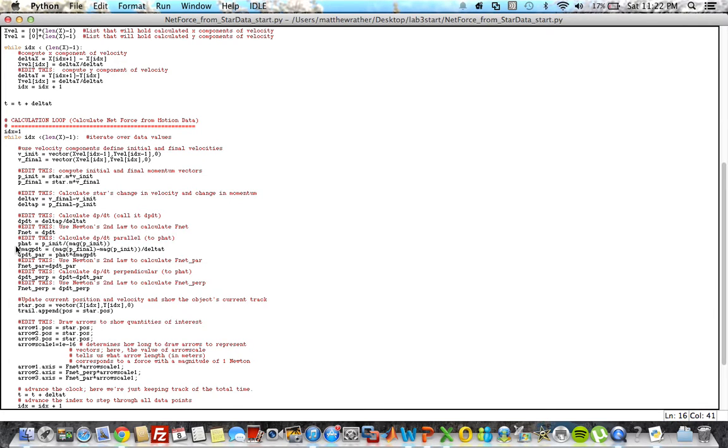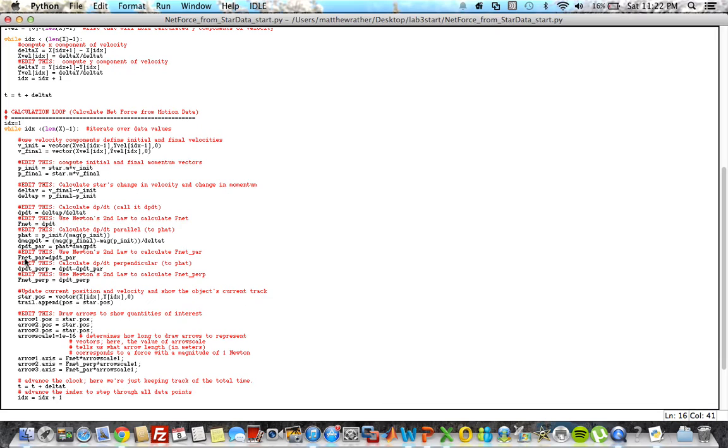Next, we are calculating a unit vector, p hat, which is equal to the initial momentum divided by the magnitude of the initial momentum. Here, the magnitude of dp/dt is equal to the magnitude of p final minus the magnitude of p initial, divided by delta t. And now we are calculating the parallel component of dp/dt, which is equal to the unit vector p hat times the magnitude of dp/dt.